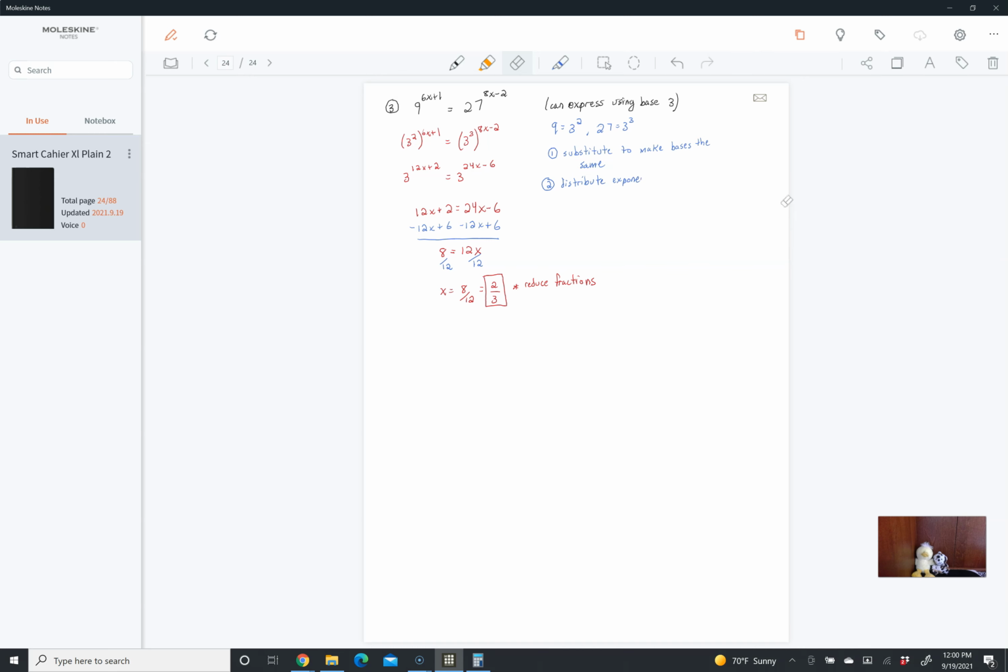We set the exponents equal to each other because the bases are equal to each other. And then we solved the linear equation.